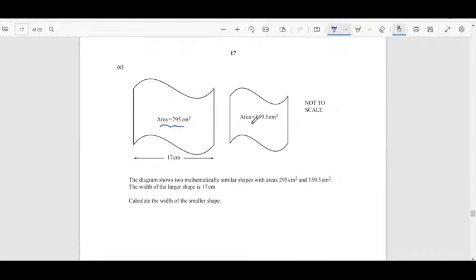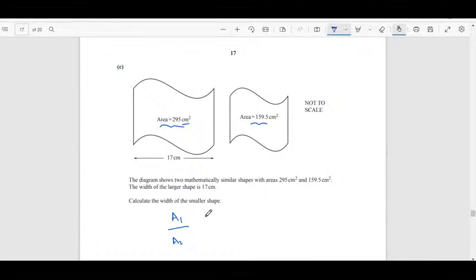We have the areas. So area of the bigger triangle, let's call it A1, divided by A2, right? Now I need to be careful with this part because this is the area and the units are centimeters squared. I'm doing this question by simply taking the fraction.